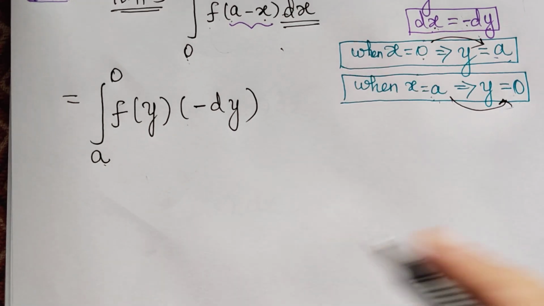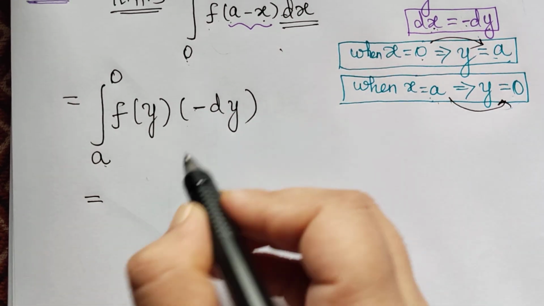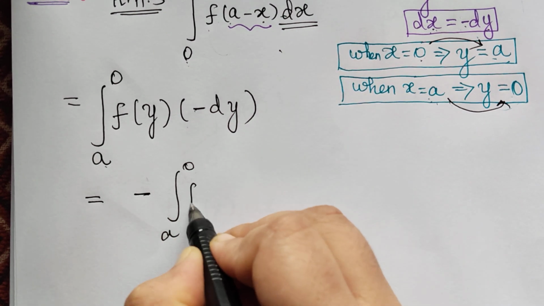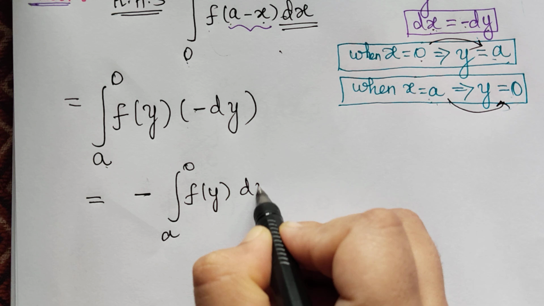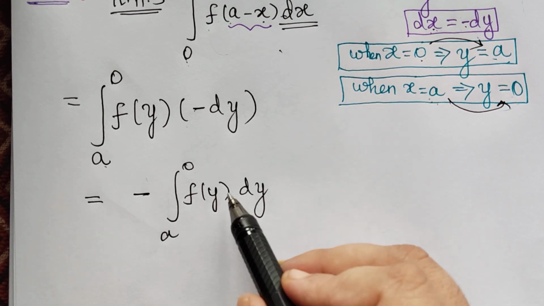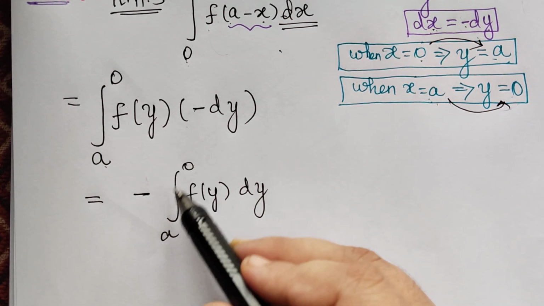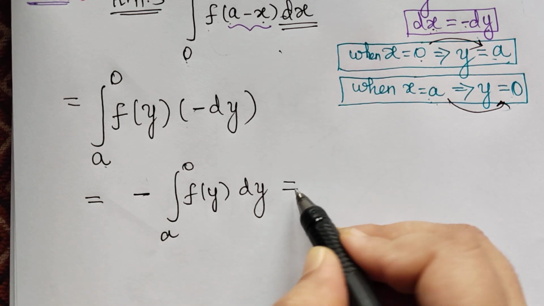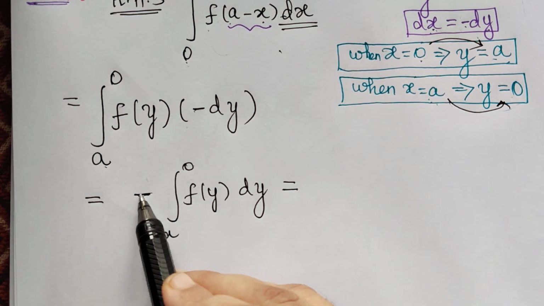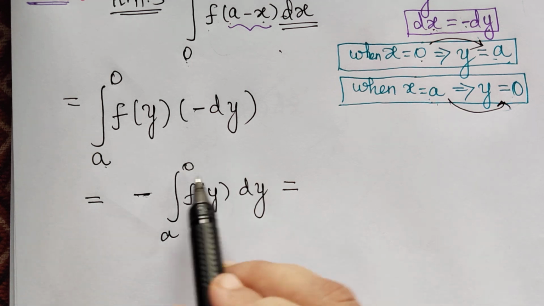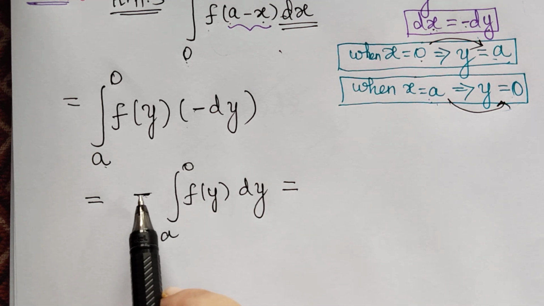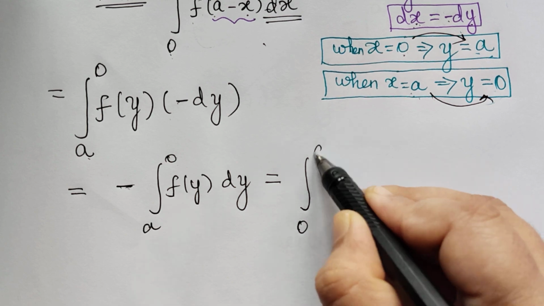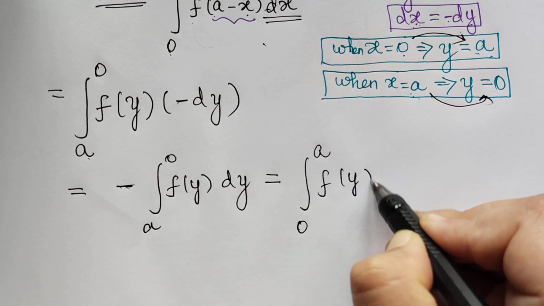So this integral will be further equal to, taking this negative sign outside, minus integral a to 0 f of y dy. And by using the first property, we know that if we flip the limits, the integral can be multiplied with a negative sign. So that's equal to, already we have a minus here. So when this integral is multiplied with a negative sign, it becomes positive. And so we will be getting integral 0 to a f of y dy.